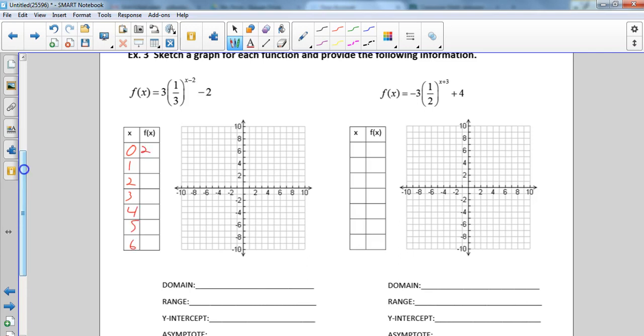So 0 is off the chart anyway, it's at 25, but it's the smallest one. 1 is going to give me 7, 2 will give me 1, 3, -1, 4 is going to be -1.6 repeating, 5 is going to be -1.8 repeating, and 6 is going to be -1.96, almost -2. It's going to keep getting smaller and smaller, but never hit -2.